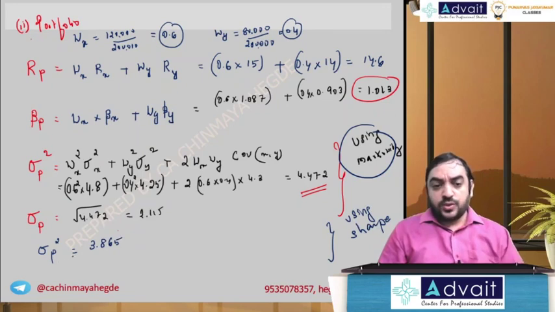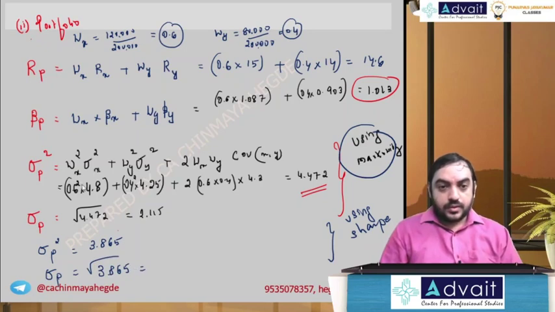And if I take the square root, I get the portfolio standard deviation, square root of 3.865, 1.966.